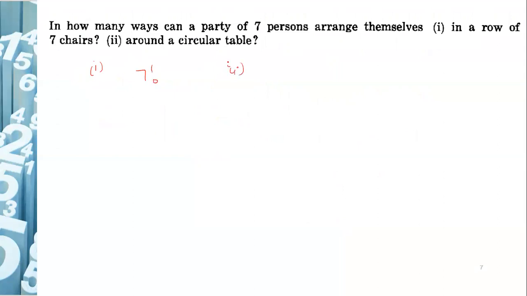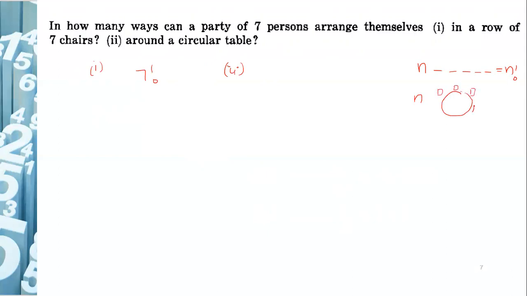And the second one, around a circular table. Now try to understand that. When you take n objects, they can be arranged in a row of n positions in n factorial ways. But n objects around a circular table, a round table, this is one chair, this is another chair.